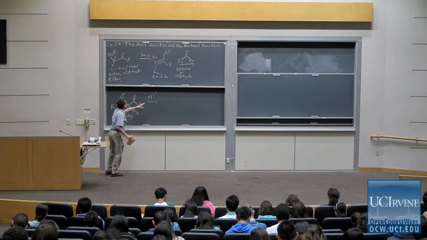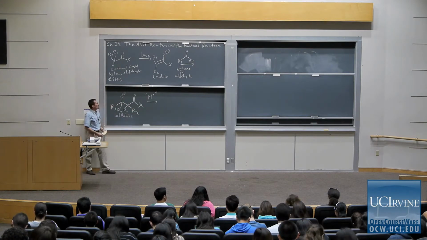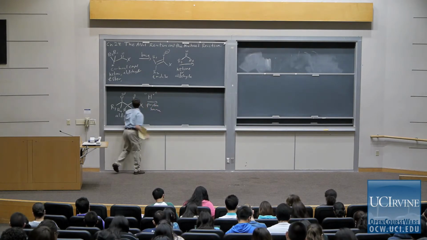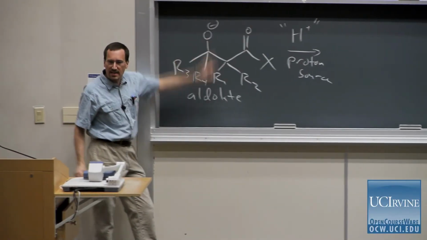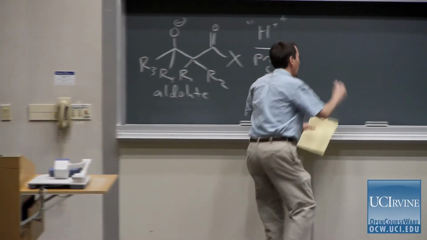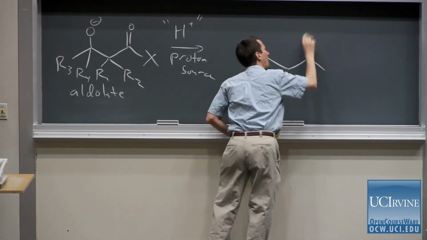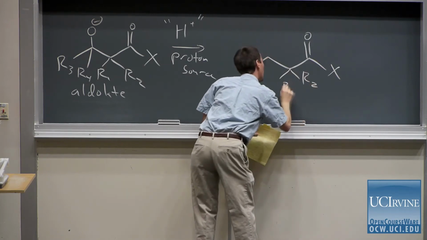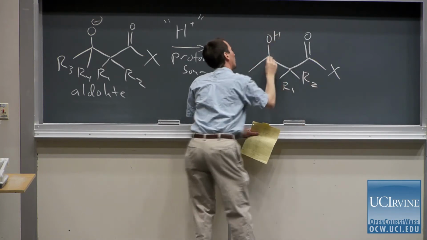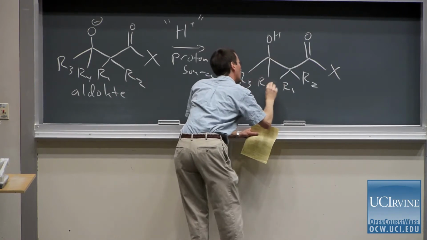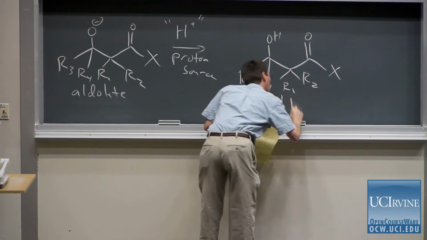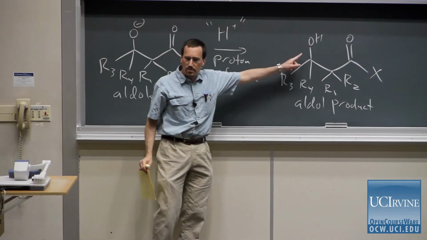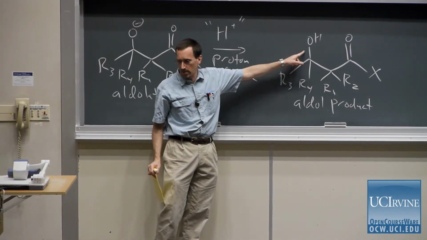But whatever your proton source is, here again, very generic, so I'll write proton source. Whatever your proton source is, we protonate the oxyanion of the aldolate, and the overall result is an aldol product, and you can recognize an aldol product because it's a beta hydroxycarbonyl compound.